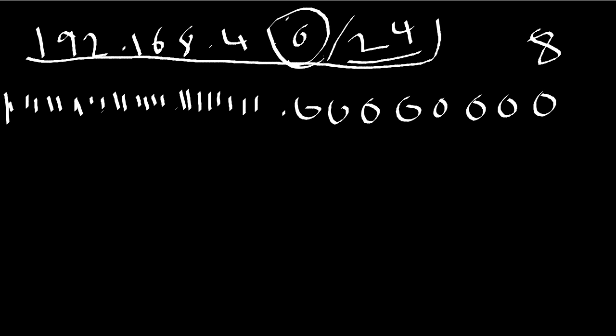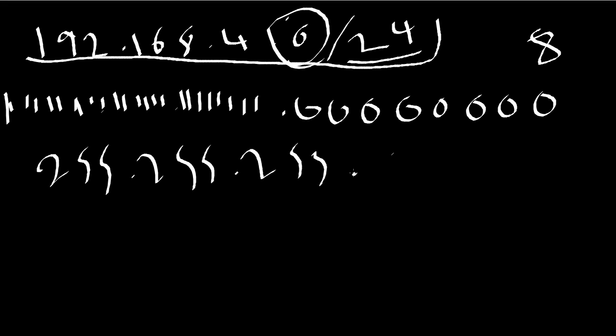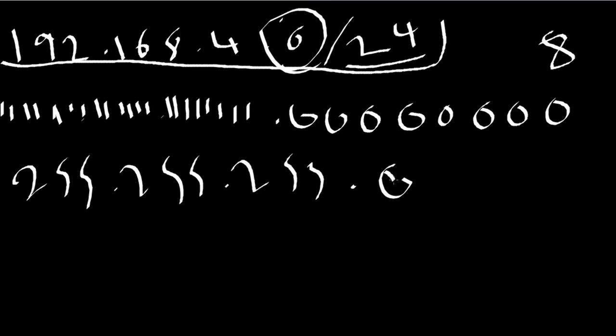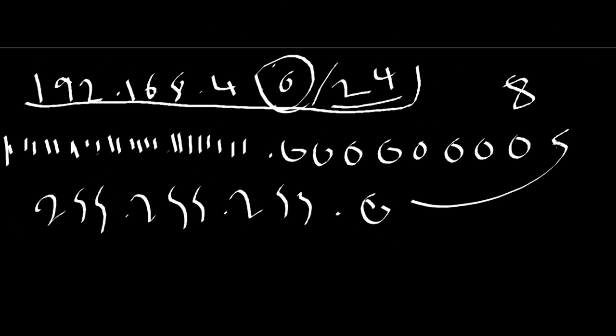So the rest of them, I represent them as 255.255.255.0. It also tells us the subnet mask. So we can get the subnet mask and the representation of that subnet mask in binary. We can also now convert this exact IP address to binary.